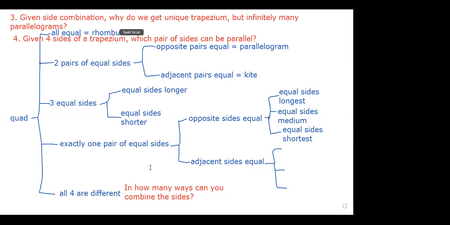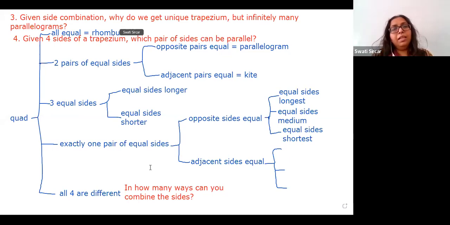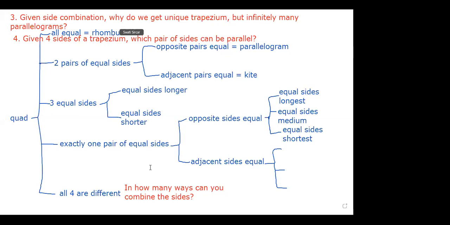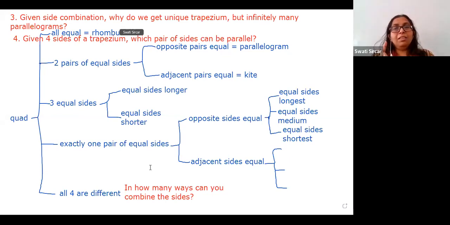But a stronger case would be: is there any property of isosceles trapezium which a rectangle doesn't satisfy? Ma'am, that all the angles are 90 degrees. No. See, the question is, is there a property of isosceles trapezium which is not satisfied by rectangle?